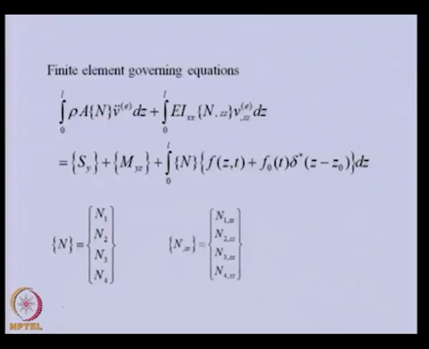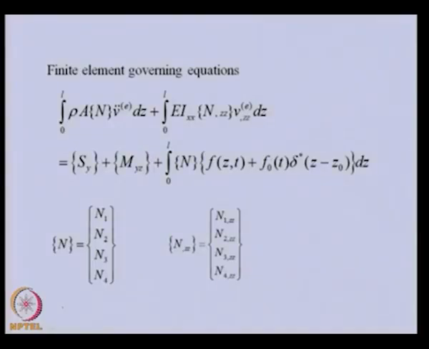So now we have chosen the shape function of third degree, we have obtained the explicit form of the shape function, and we even checked the compatibility condition of these shape functions, that they satisfy not only the translational displacement, but also the slope compatibility between two elements at the common node.